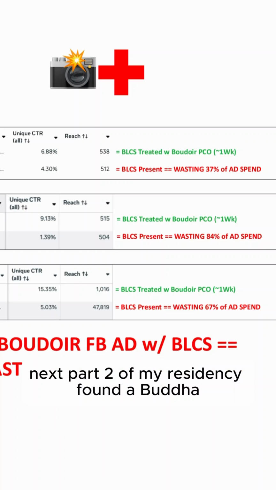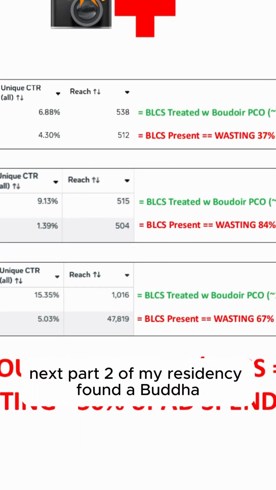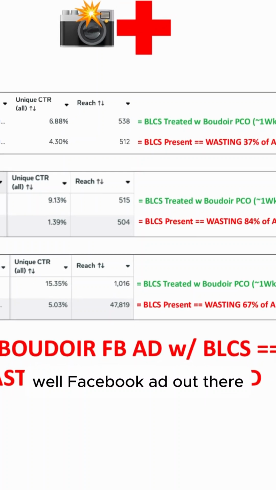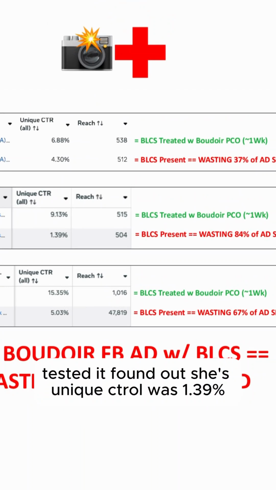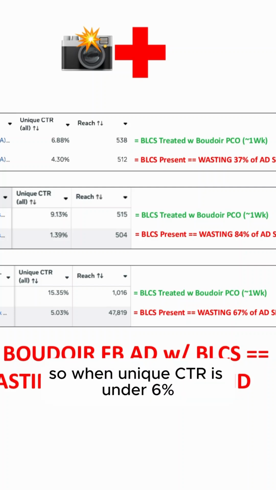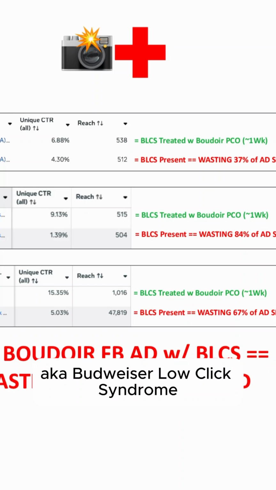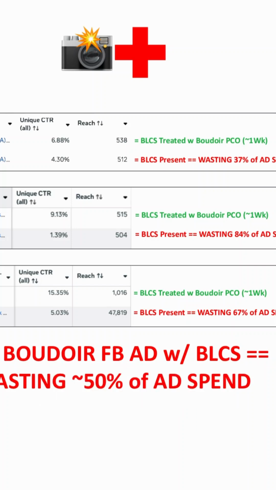Next, part 2 of my residency, I found a Boudoir Facebook ad out there. The second one, I brought it to the hospital, tested it, and found out its unique CTR was 1.39%. So when unique CTR is under 6%, we know that BLCS is present, aka Boudoir low click syndrome.